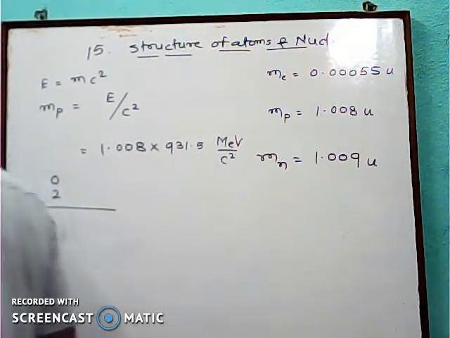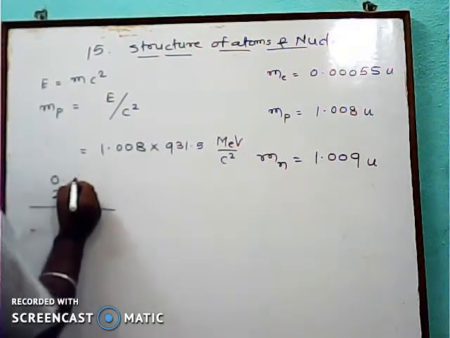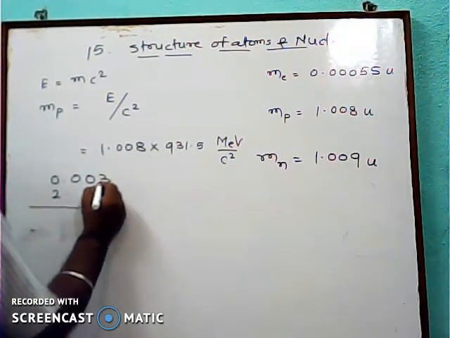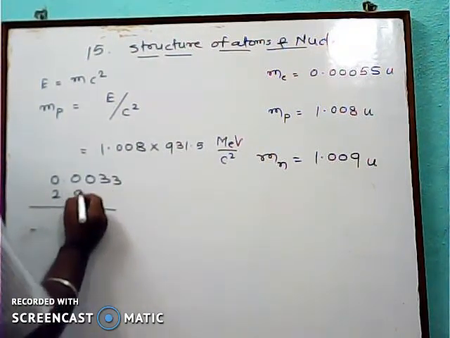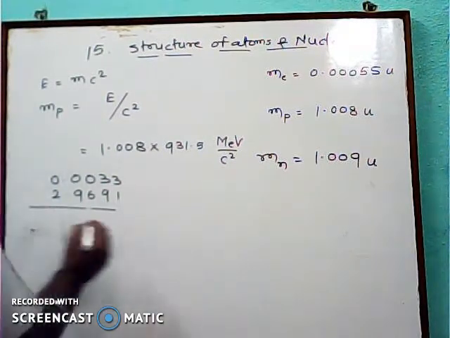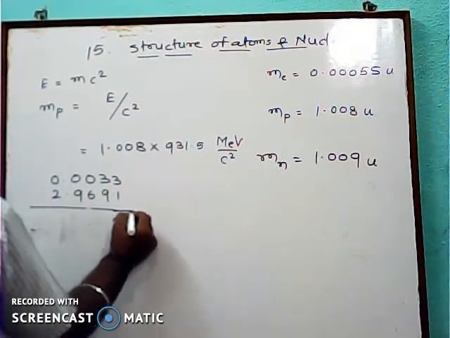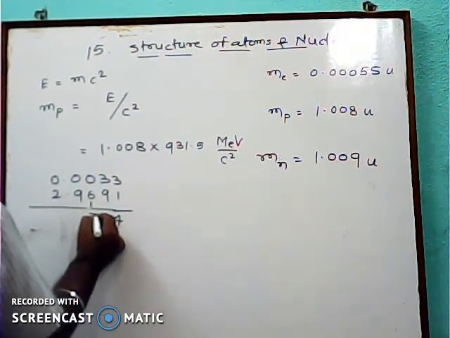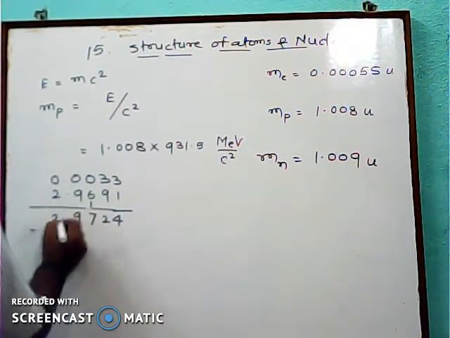If we see the log, its logarithm will be 0.033 and here its logarithm will be 9691, and if we add it, it will be 12, 7, 9, 2 point.